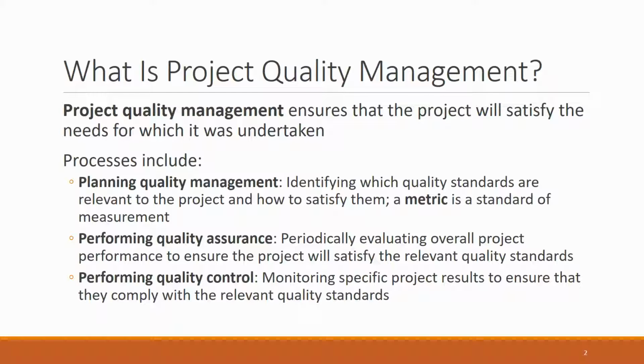Processes. Remember, we are always talking about the PMI processes. And we always start every knowledge area, and remember that quality management is a knowledge area of the PMI, one of the 10 knowledge areas. We always start with the planning of quality management.